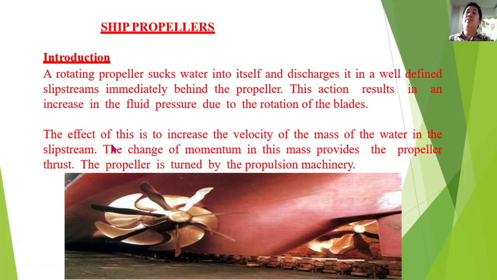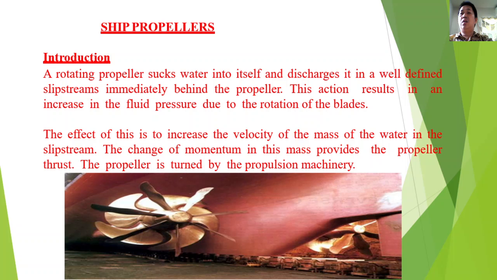The effect of this is to increase the velocity of the mass of water in the slipstream. The change of momentum in this mass provides the propeller thrust. The propeller is turned by propulsion machinery, the main engine.